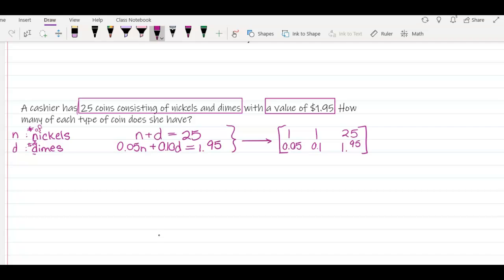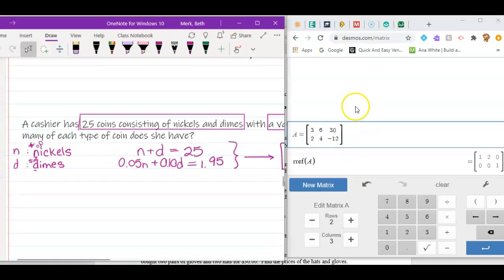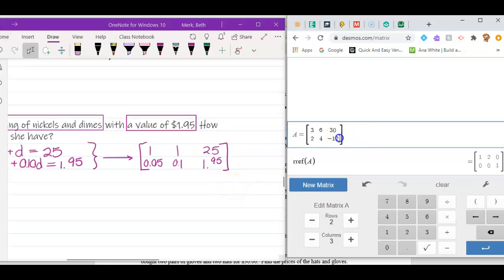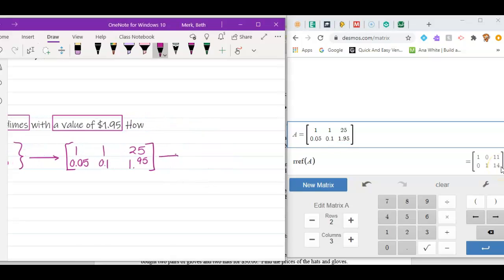Now we'll put this into our Desmos matrix calculator. 1, 1, 25, 0.05, 0.1, 1.95. And it tells me that I have 11 nickels and 14 dimes. My answer matrix is 1, 0, 0, 1 with 11 nickels and 14 dimes.